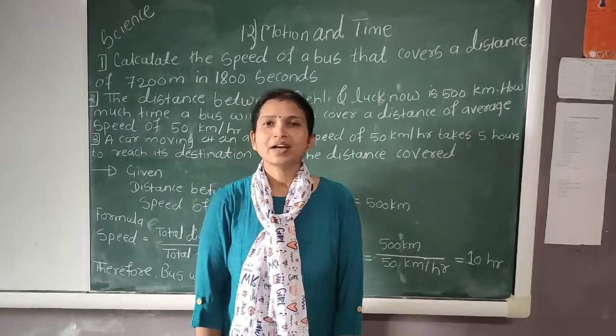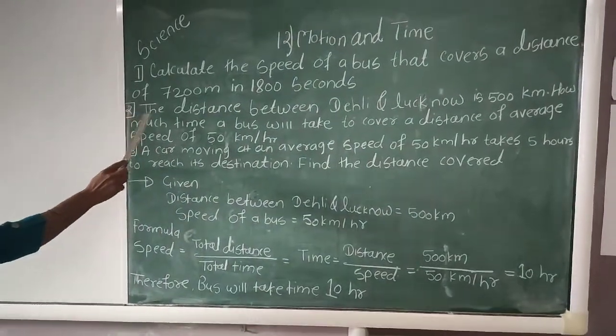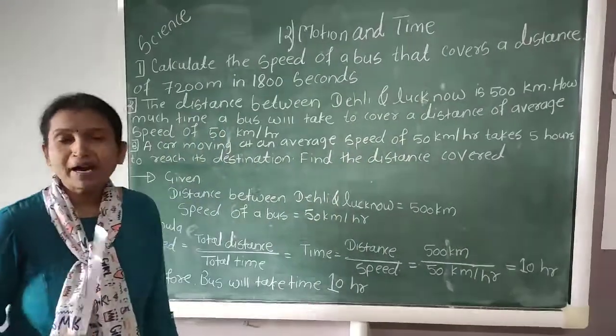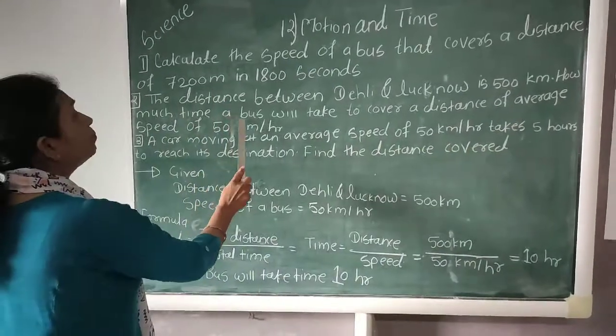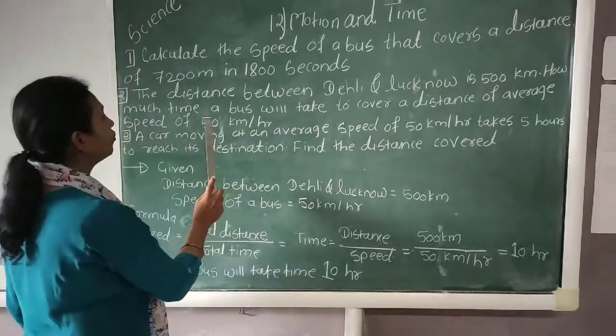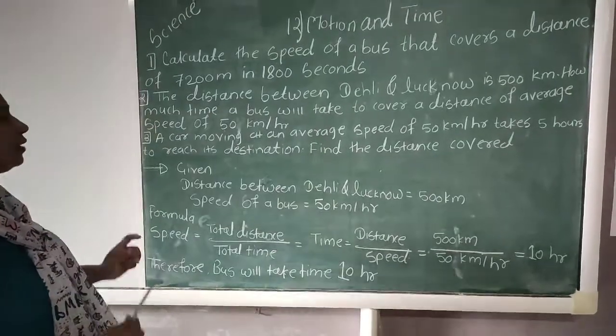Now students, we will see the second numerical. The distance between Delhi and Lucknow is 500 km. How much time will a bus take to cover this distance at an average speed of 50 km per hour? So what is given in this numerical?